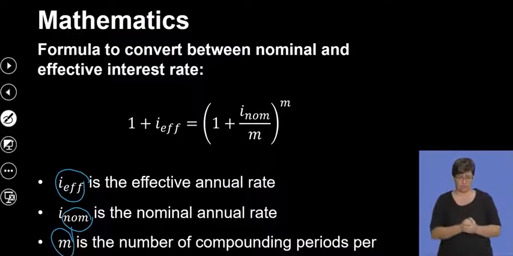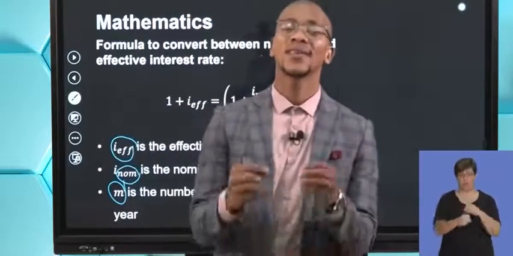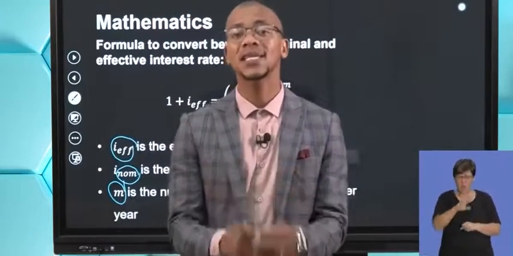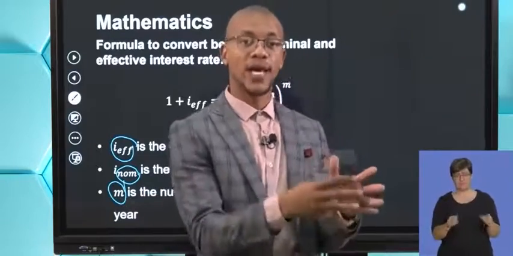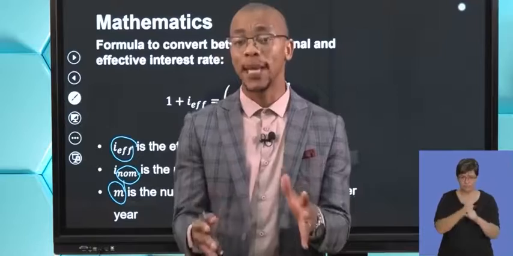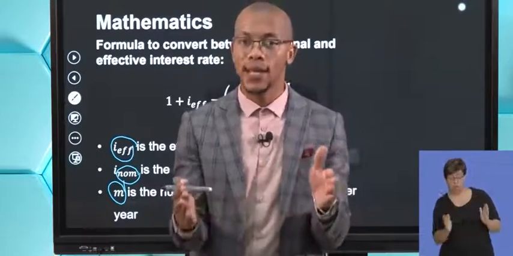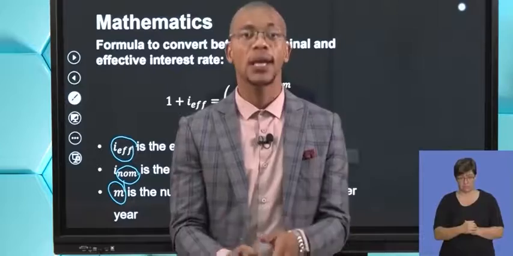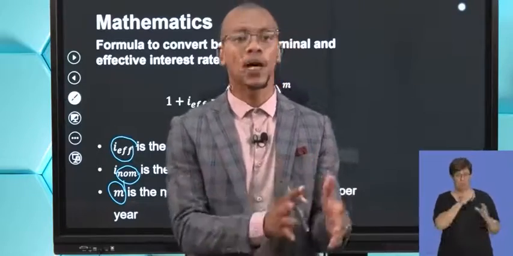Now, compounding periods per year, I said at the end it says per year. What this specifically means is we don't look at nominal and effective interest rate over a longer period of time. No, we only look at it on a yearly basis to say, what did they promise you for the whole year? That's the nominal interest rate. But what did you actually get because of the compounding?